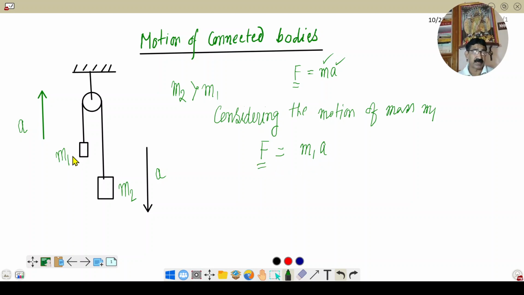The external force acting on M1. Now, for simplicity, if a body M is kept under influence of gravity, it will be acted upon by a force M into G, and this force is always directed downwards.